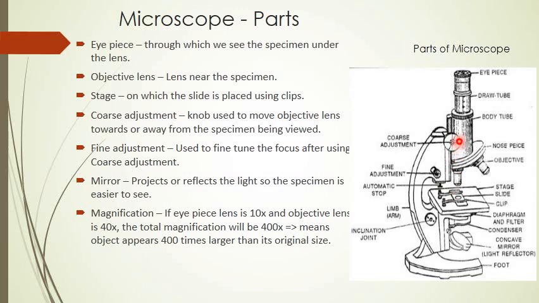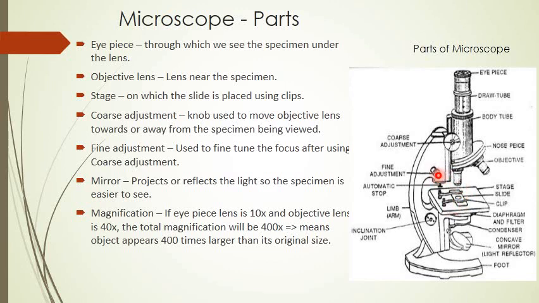The knob is used to move the objective lens, nearer to the object or away from the object. Sometimes when it is far, it is observed more clearly, or it is moved towards the object so that we get a clear specimen view. So it moves towards or away from the specimen being viewed.